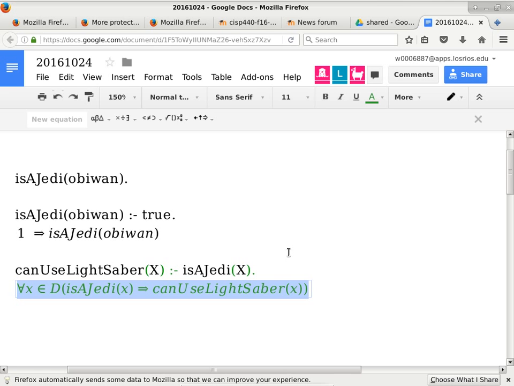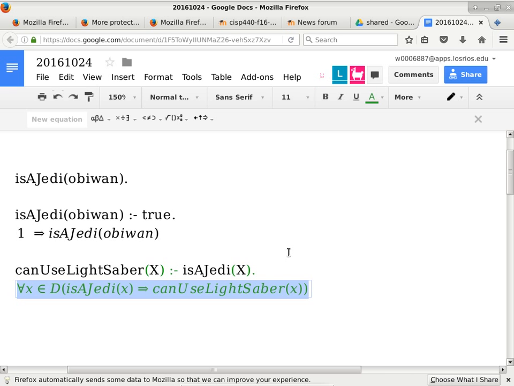Because in English, in your daily application of logic, if I tell you that every Jedi can use a lightsaber and Obi-Wan is a Jedi, you make that connection right away and say, oh, okay, Obi-Wan can use a lightsaber. But we want everything to be mechanical in this class because we are dealing with computer science, so that the computer can actually do the same type of reasoning as we can. So we'll talk about that later.